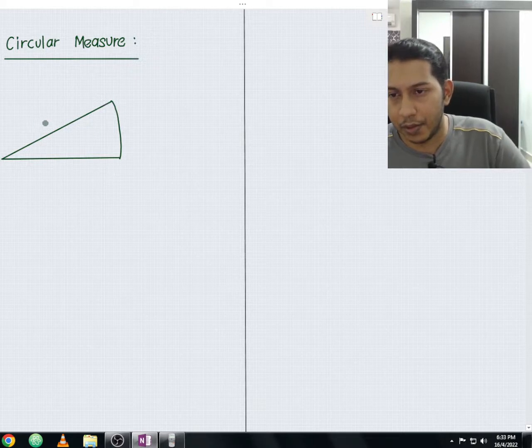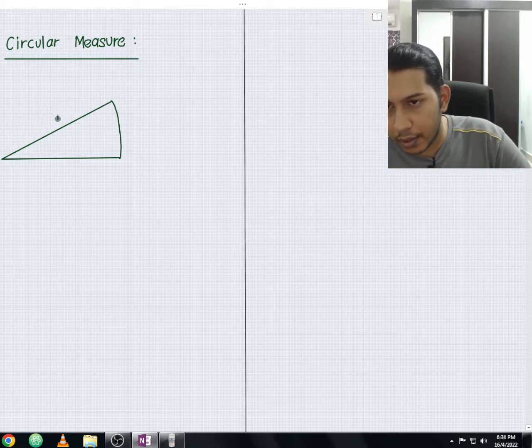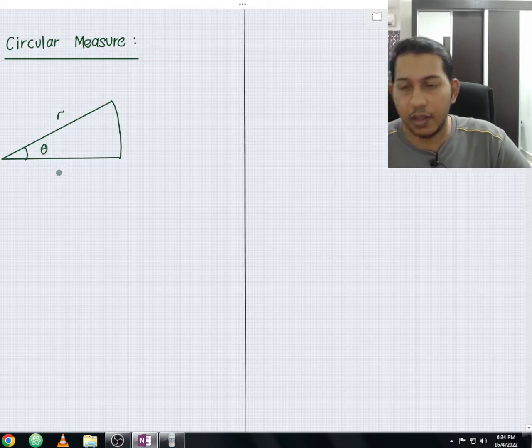You have a length of r. This angle is denoted by the symbol theta.